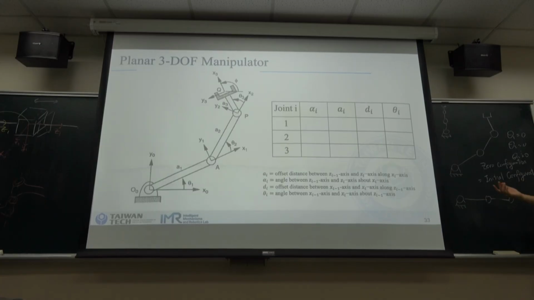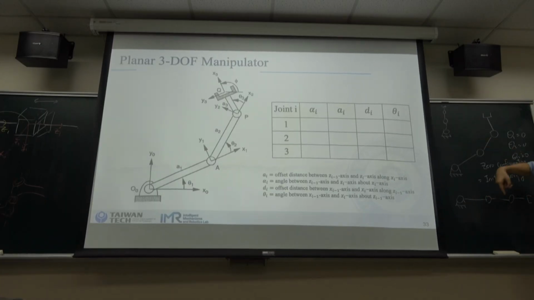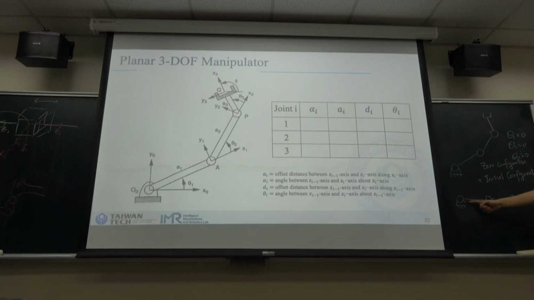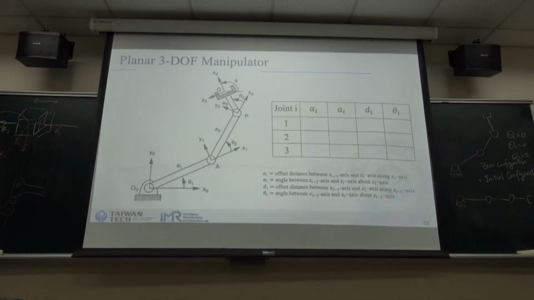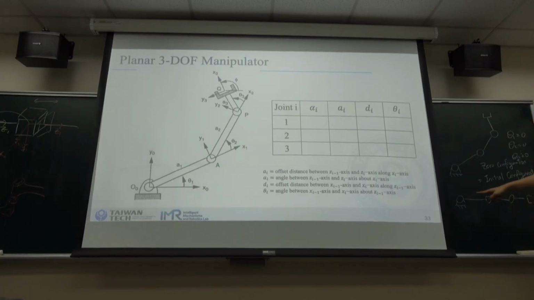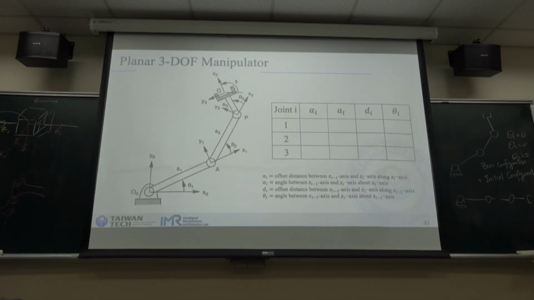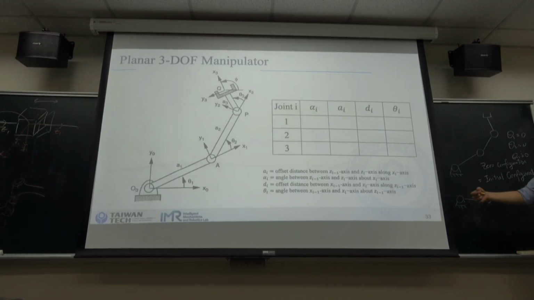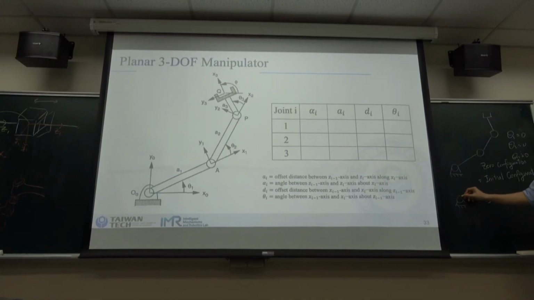So the first thing is that we need to decide which one is our zero configuration. If we set the zero configuration here, it means that at this point, all the theta is 0. We know that the z-axis must be on the axis of the joint, so it's pointing out.